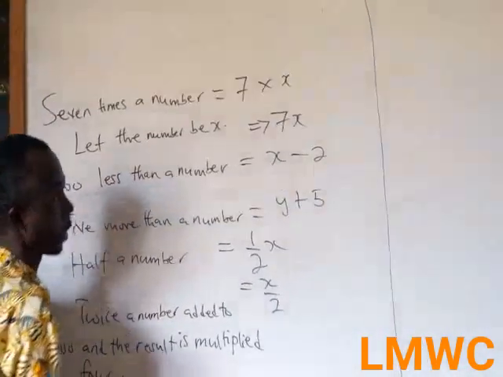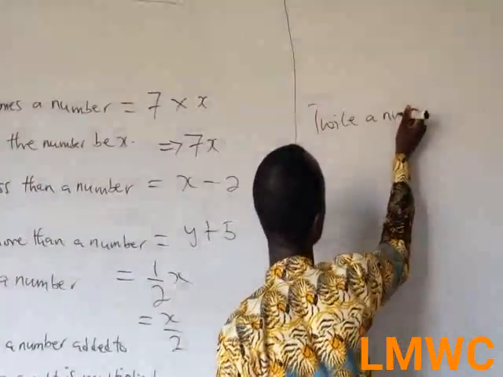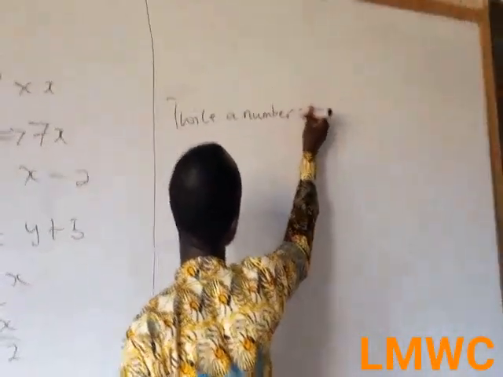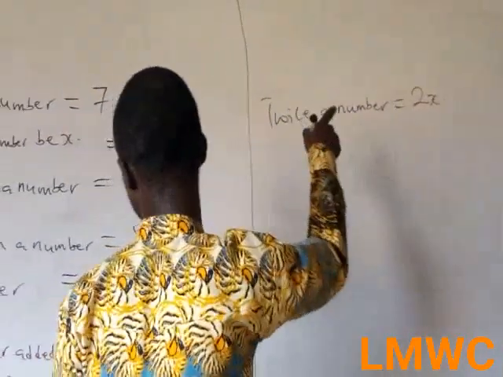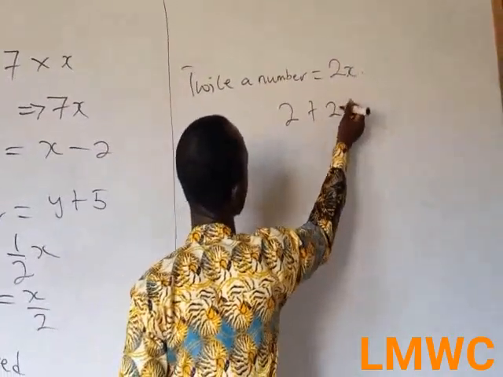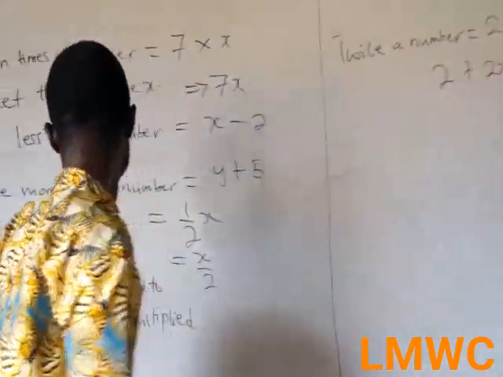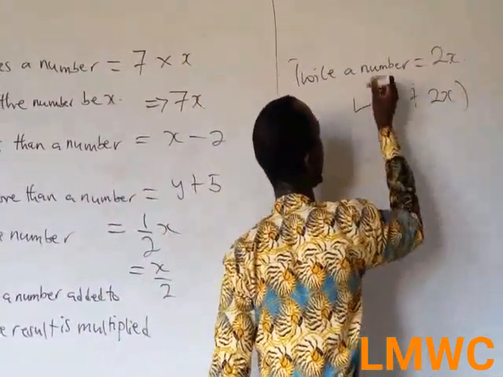Twice a number becomes 2x. The variable is x. This is added to 2, so it becomes 2 plus 2x. And they are saying the result is multiplied by 4, so this whole thing is multiplied by 4.